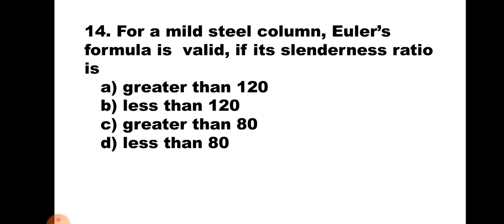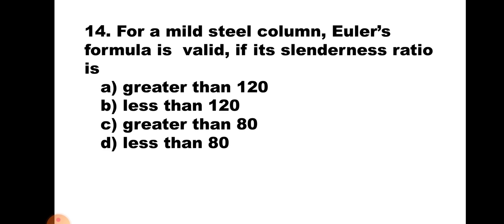Question number 14. For a mild steel column, Euler's formula is valid if its slenderness ratio is A greater than 120, B less than 120, C greater than 80, and D less than 80. In the previous question we saw that minimum value of slenderness ratio is 80. It must be greater than 80.